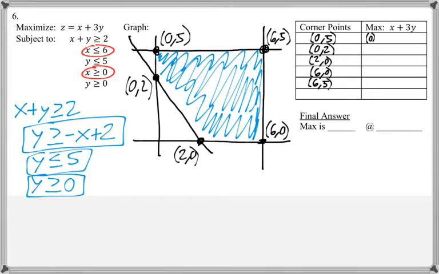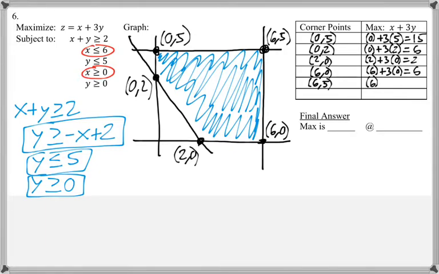So 0 plus 3 times 5 is 15. 0 plus 3 times 2 is 6. 2 plus 3 times 0 is 2. 6 plus 3 times 0 is 6.